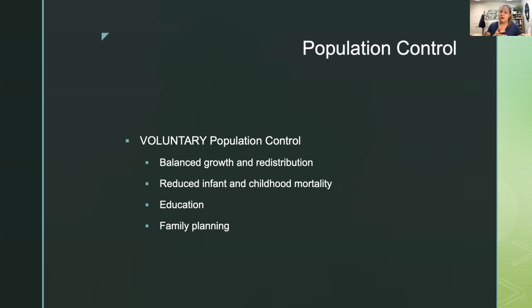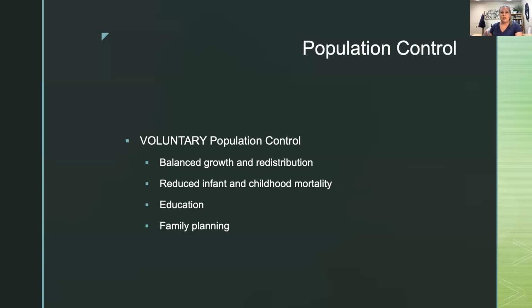There's voluntary population control, in which you put in incentives and education into the mix and hope that people make the decision to birth fewer children or have access to those decisions. On the flip side of the coin are coercive policies or requirements, mandates, laws that are put in place by governments or governing bodies. And so that's a separate conversation. For right now, let's just look at voluntary population control measures.